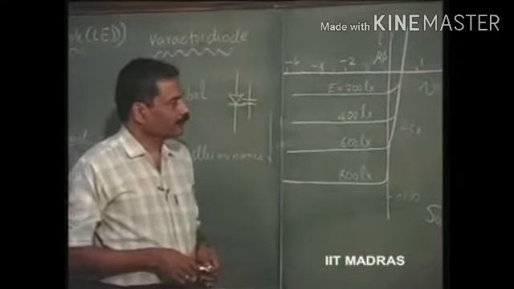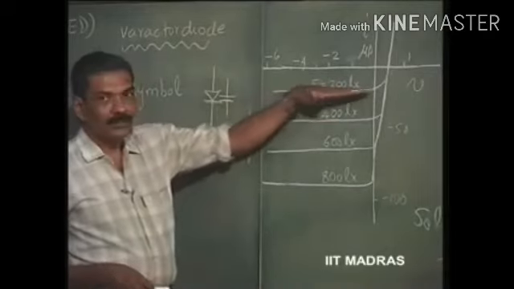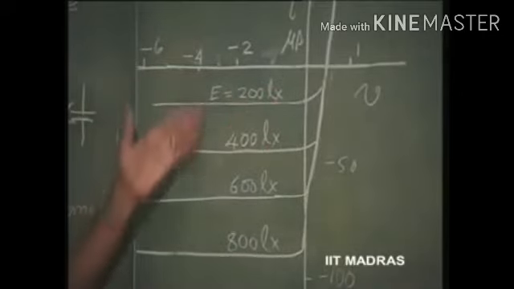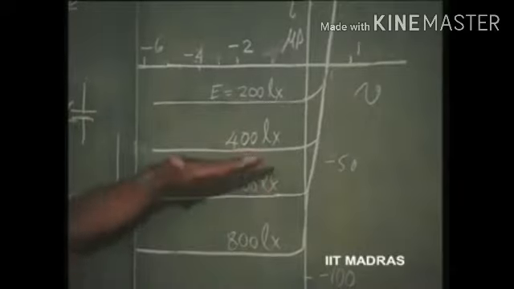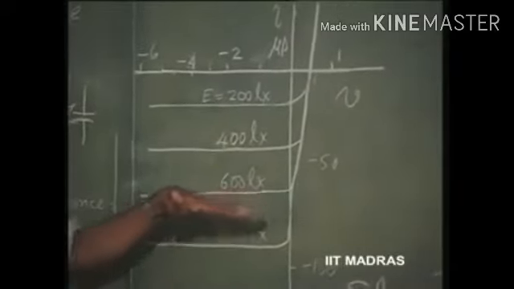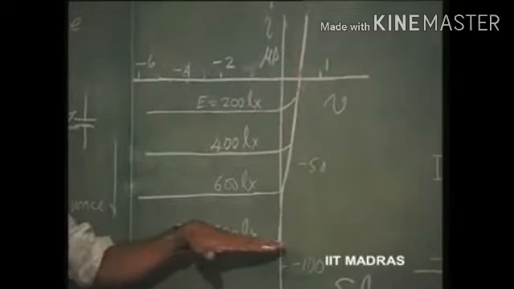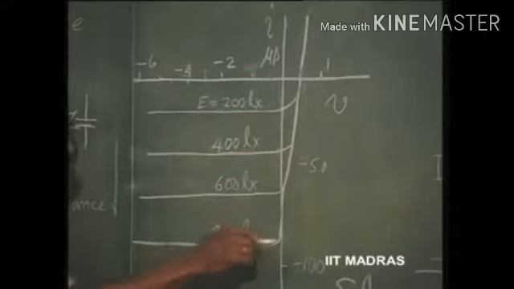Now, this is the way the saturation current varies depending upon the various illuminance levels. As illuminance is increased, the current capability increases in this direction. This is the open circuit voltage, and this value of current is going to be the short circuit current for this photodiode or solar cell.